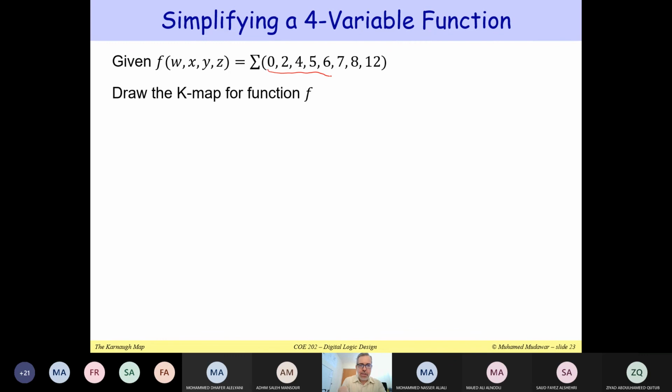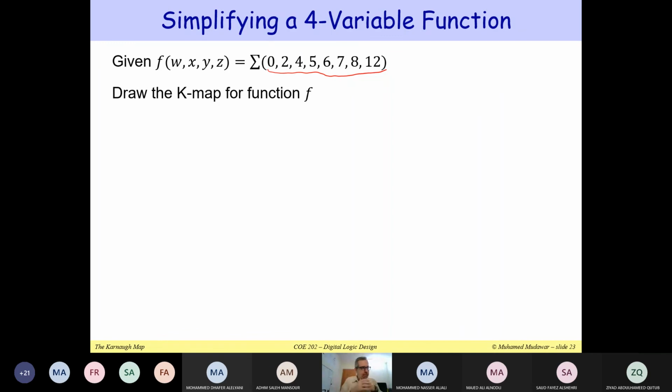If I would like to write this function as a sum of minterms, how many minterms do we have here? 1, 2, 3, 4, 5, 6, 7, 8. And each minterm has 4 literals, so it will be 8 multiplied by 4, which is equal to 32. It will be a long expression, so this is why we will not write it as a sum of minterms.